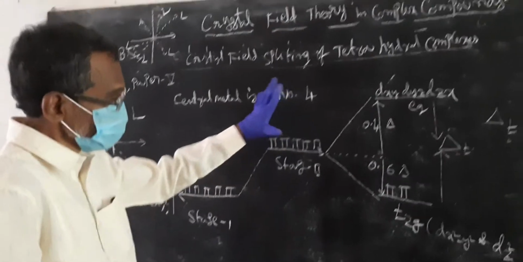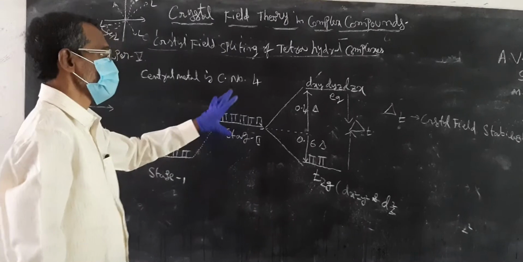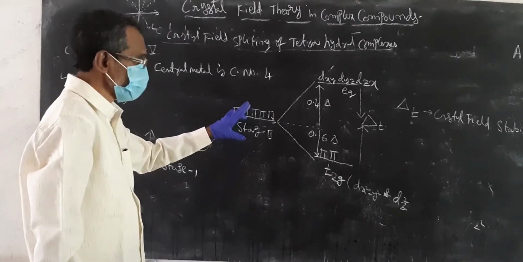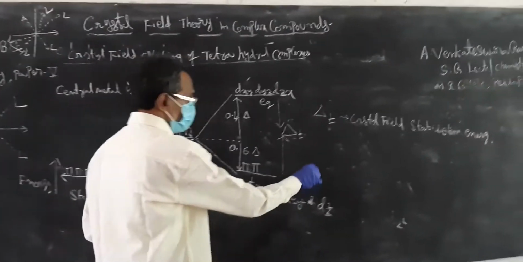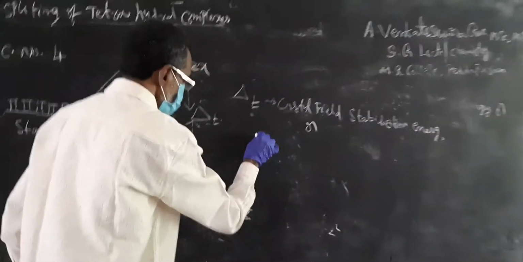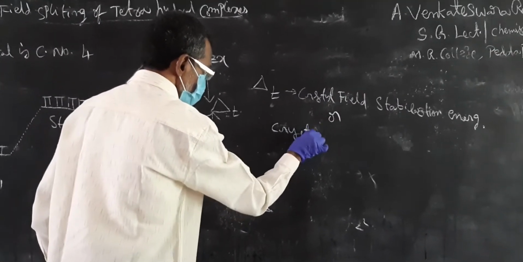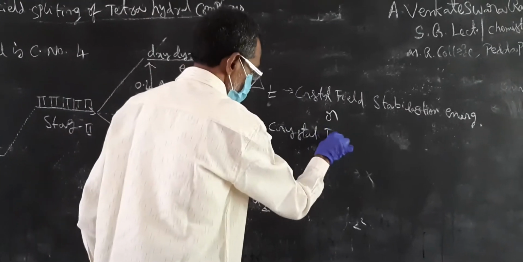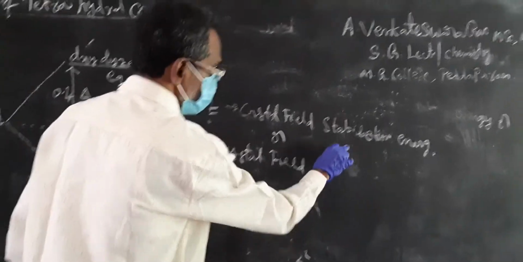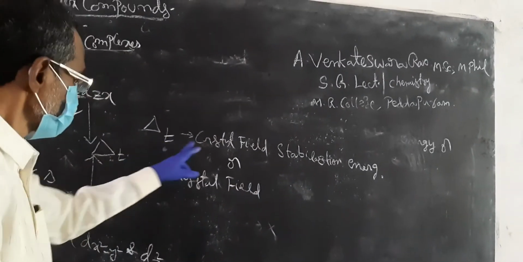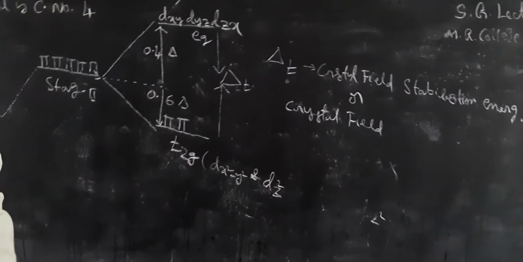The difference of energies between the Eg and T2g orbitals is called the crystal field stabilization energy, delta T.